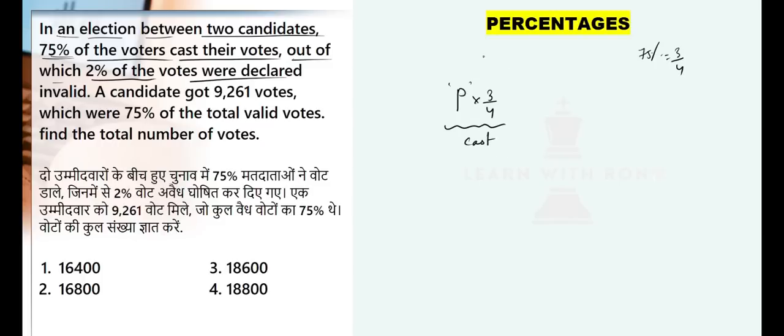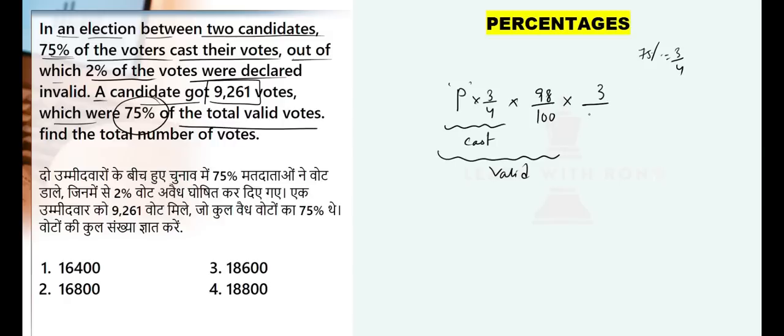Means out of the people who cast, in this 2% is invalid, means the remaining 98% is valid only, right? So these are valid votes. In these valid votes, a candidate got 9261 votes, which were 75% of the total valid votes. In this, 75% means 3 by 4th of the votes he got, which are 9261.